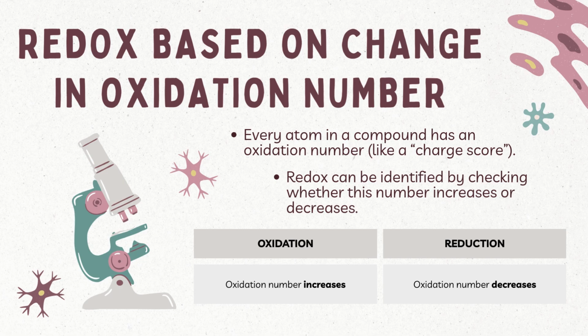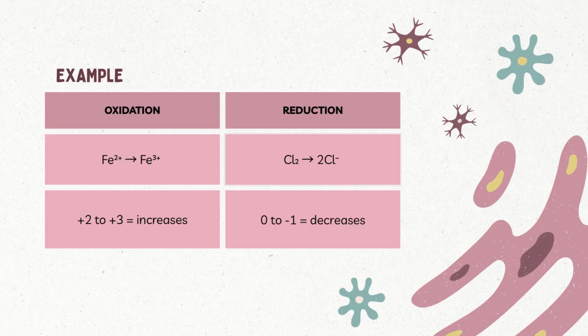For oxidation, the oxidation number will increase, while for reduction, the oxidation number will decrease. One example where the oxidation number increases is ferrum, from 2+ to 3+. The oxidation number for ferrum increases, so it is oxidation. And for reduction, it decreases from 0 to 1-, from chlorine to chloride.